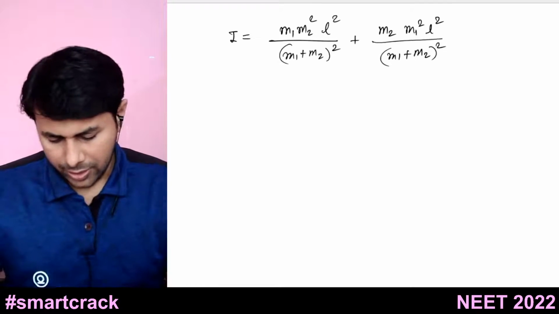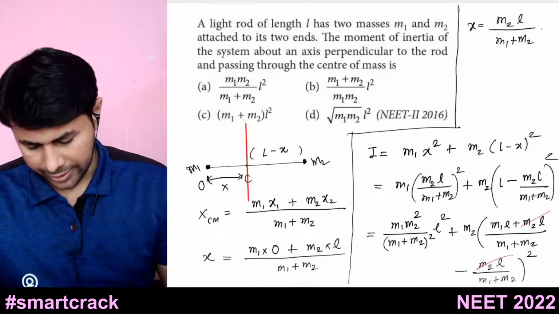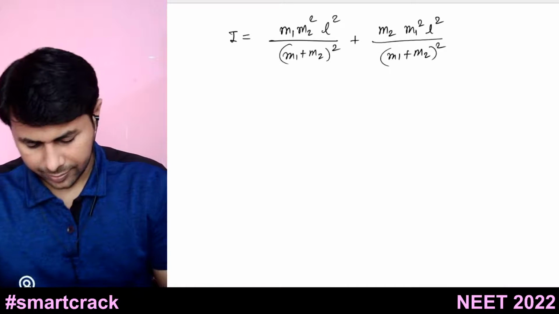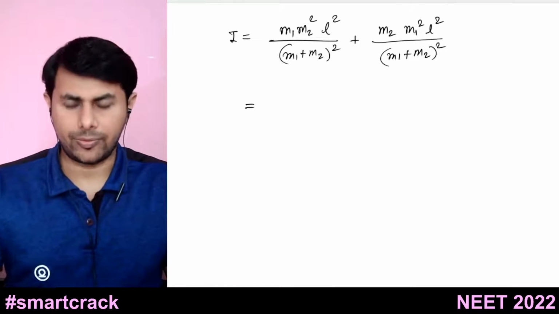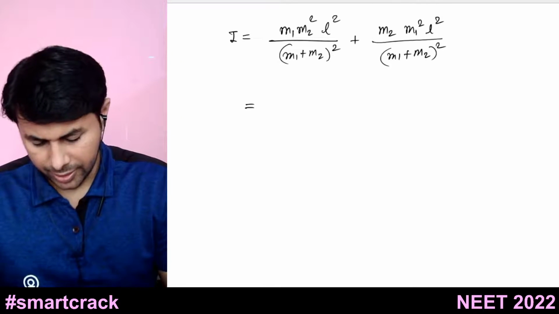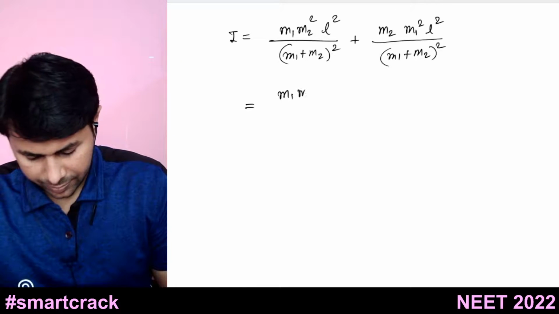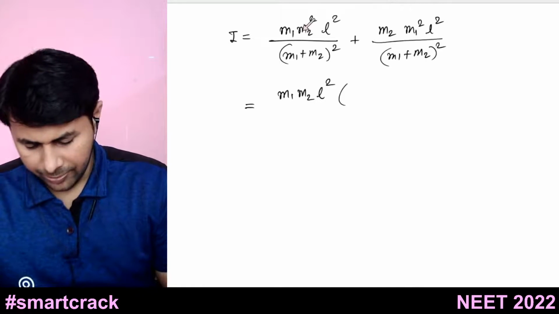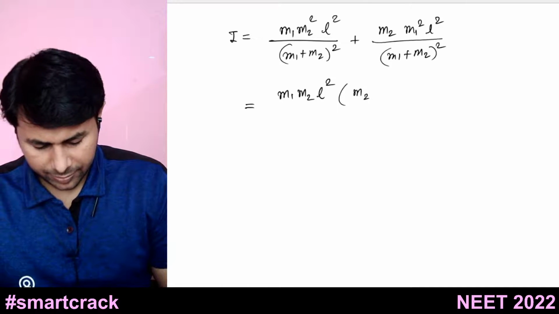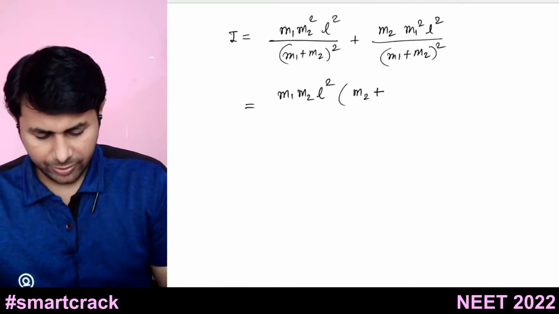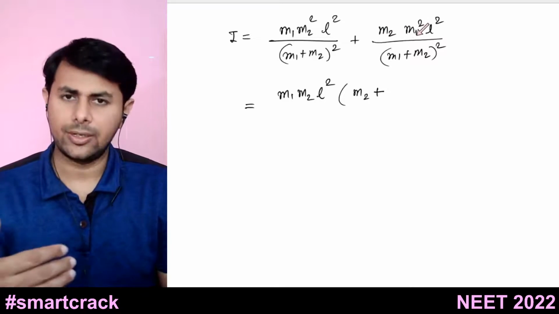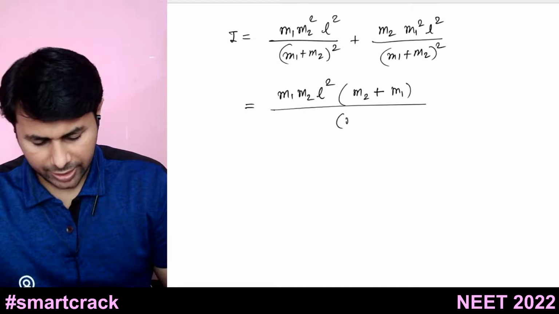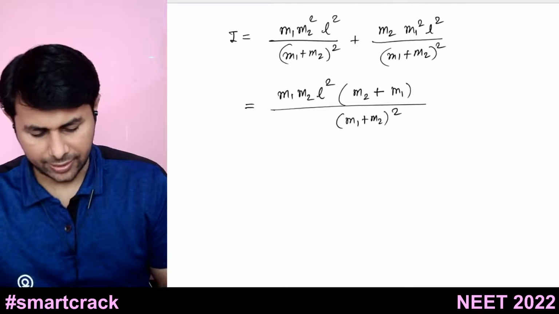So now we can take something common. Let's take m1 m2 into L square common from these two terms. So we are left with m2 from the first term, plus in the second term if we take m1 m2 common, we are left with m1, and in the denominator we have m1 plus m2 square of that.